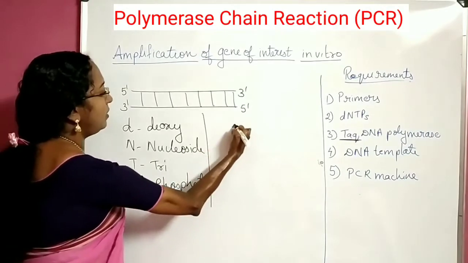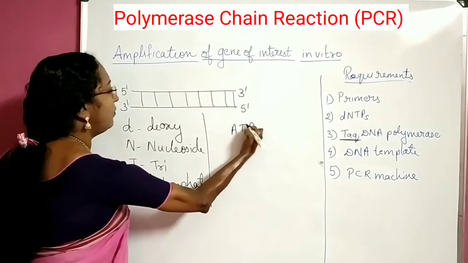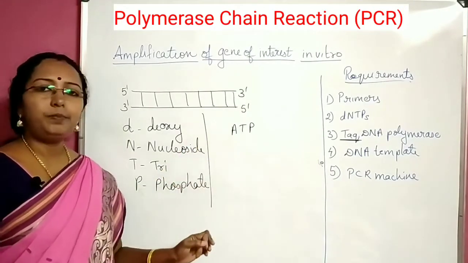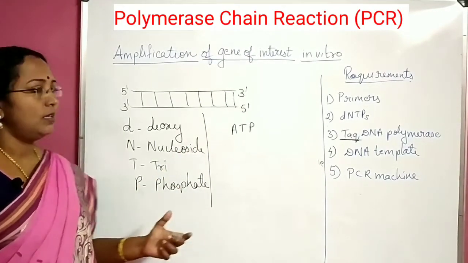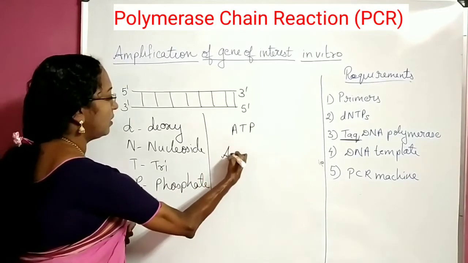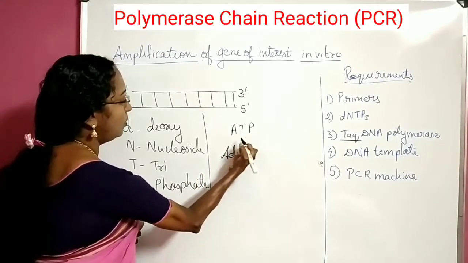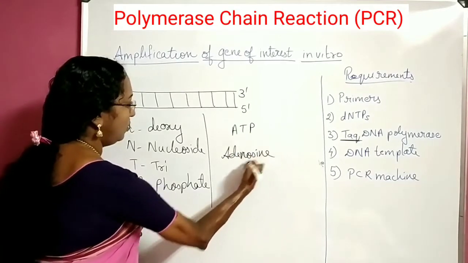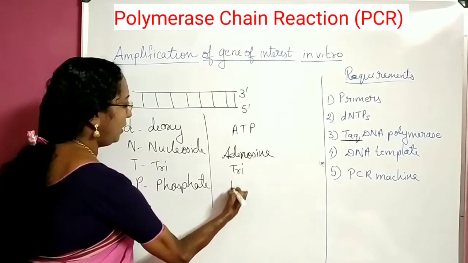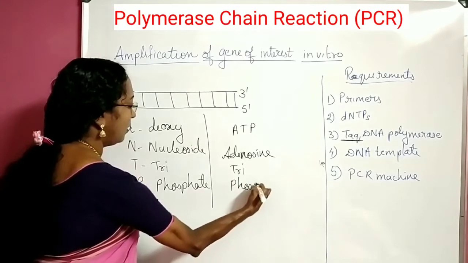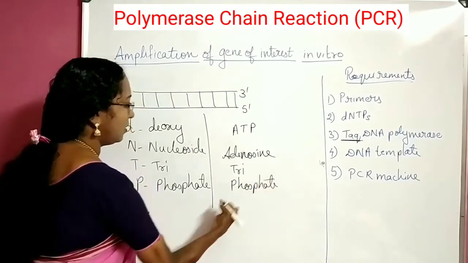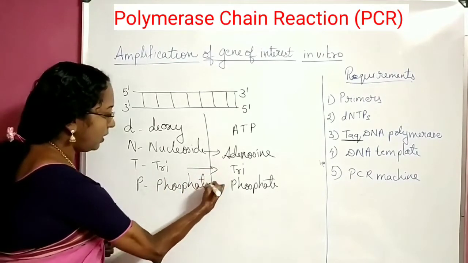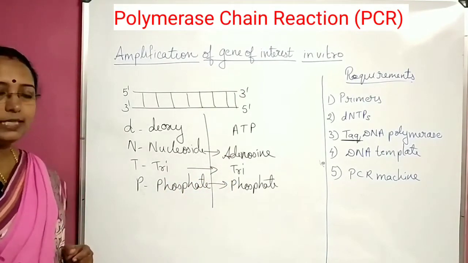If I am writing here ATP, this everyone knows. Can you tell me the full form of ATP? Yeah, it is adenosine triphosphate. Adenosine is a nucleoside. It is triphosphate, ATP.